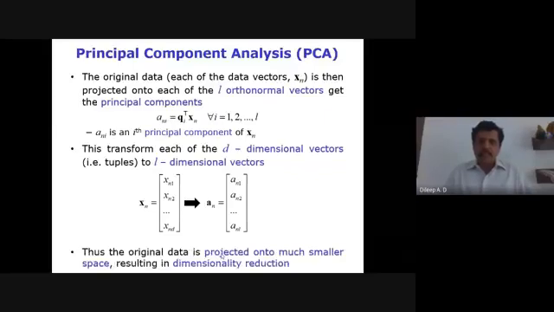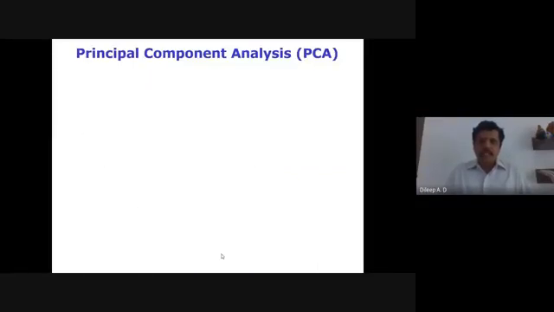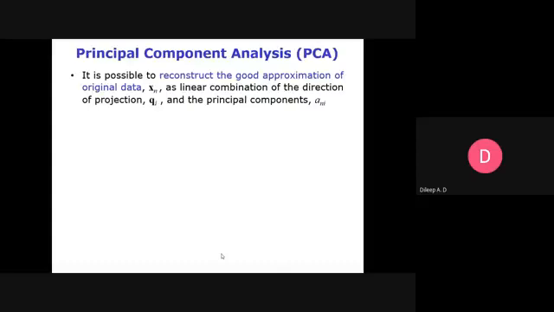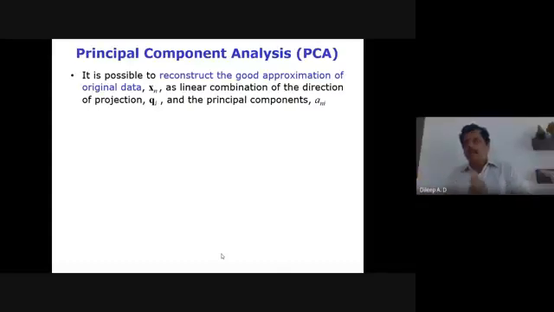Now let us try to see that. The transformation should guarantee that the new representation contains the information. I should be in a position to reconstruct my original data from that transformed, reduced representation.